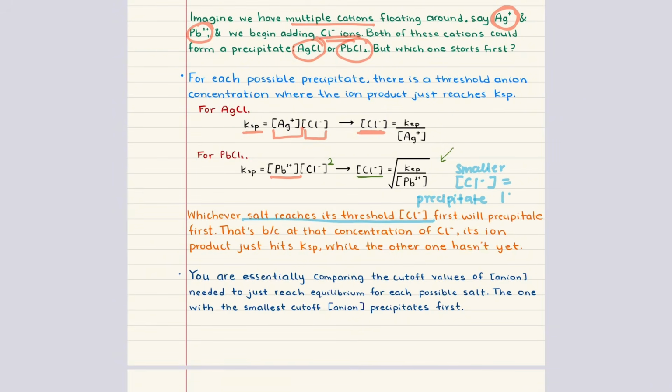So by controlling the concentration of the common anion we add, we can force one salt to come out of solution while the others remain dissolved. And this principle is widely used in analytical chemistry to separate ions from mixtures and to design stepwise precipitation schemes.